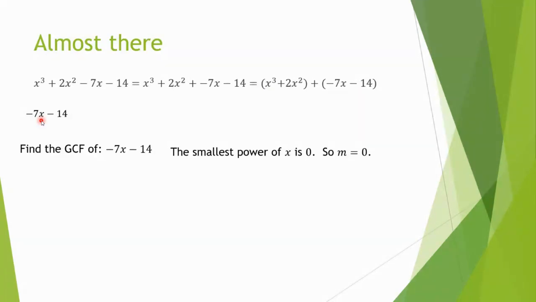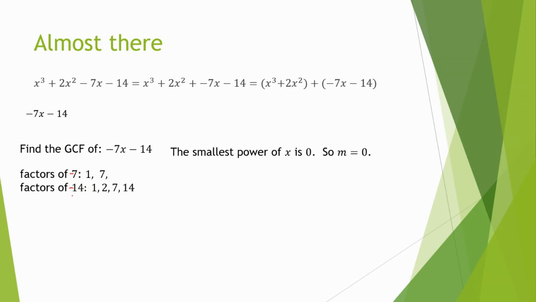So we can't factor out x. That's fine. Notice also the coefficient here is 7. Well, -7, I should say. Here we have -14. Let me just put -7.